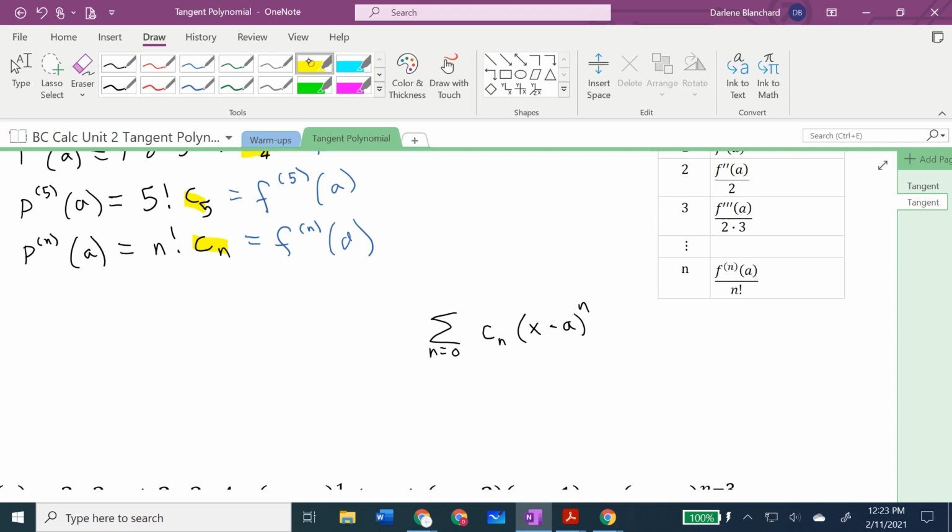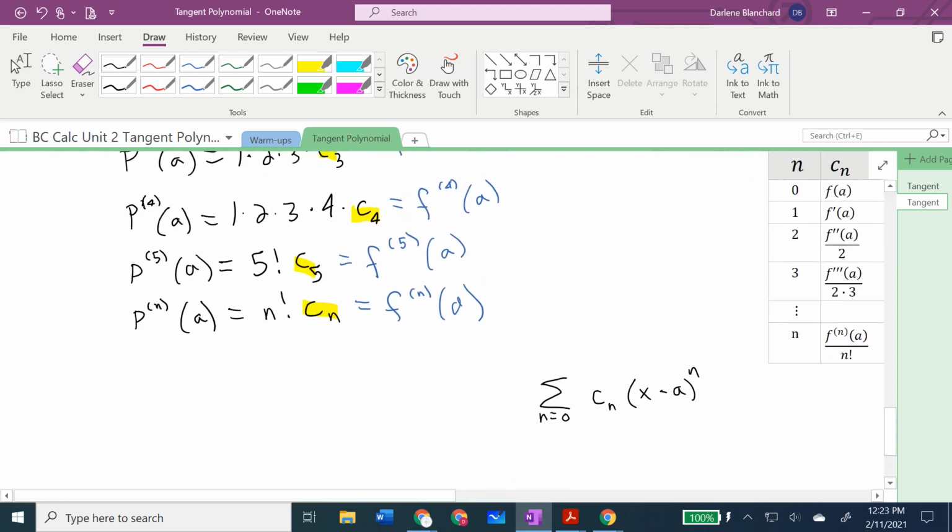Wait, I heard someone. Oh, yes, hand. Why are you solving for c sub n when the derivative equals the coefficient of c sub n, which equals that? I don't know if I'm explaining it, but why are you dividing by the factorials?